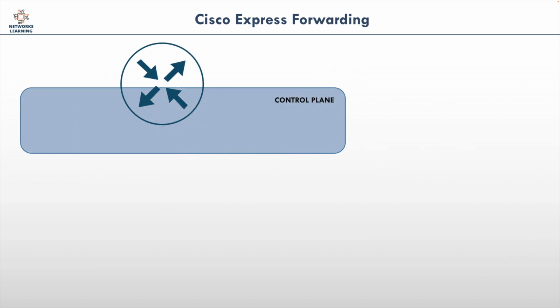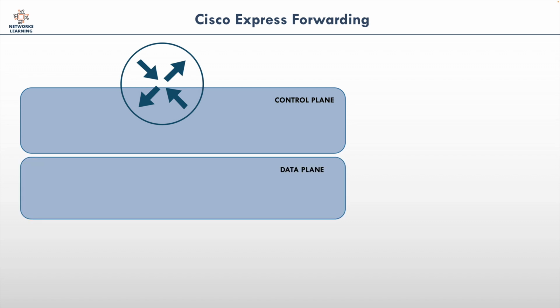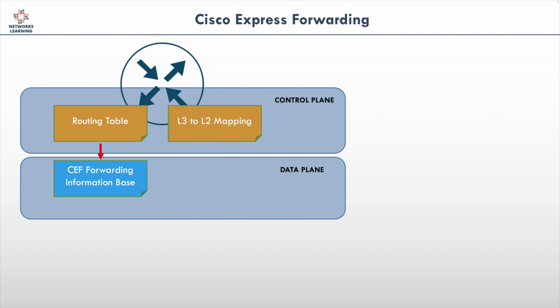A router will have two planes. It will have the control plane and the data plane. So your routing table will reside in the control plane, and out of the routing table, the CEF forwarding information base is created. This is your FIB. And out of the layer 3 to layer 2 mapping, which is essentially your ARP cache, the CEF adjacency table is created.